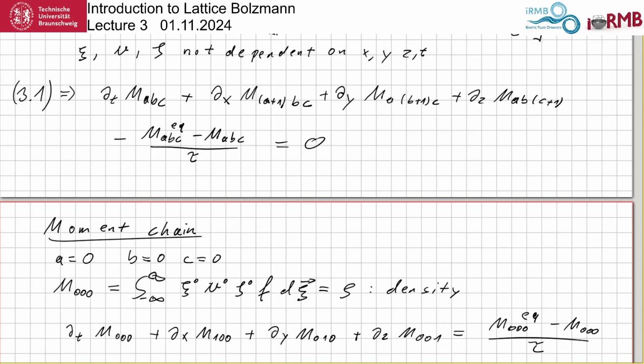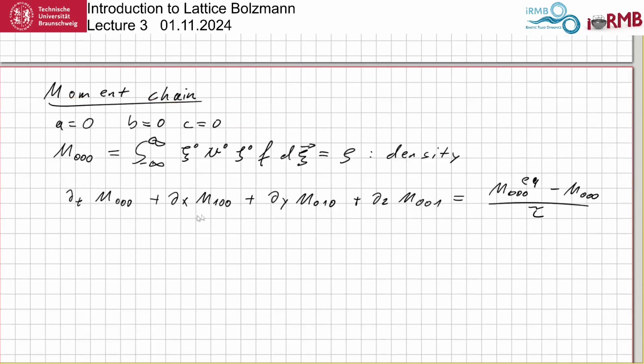Now, in order to understand this equation, we also have to specify what is m_100. I think we've done this last time, right? So m_100 is the integral from minus infinity to infinity of f. So there's just xi, so not the vector xi, but the scalar xi to the power of 1, and this integrated over the vector xi, and we will end up here with rho times u_x.